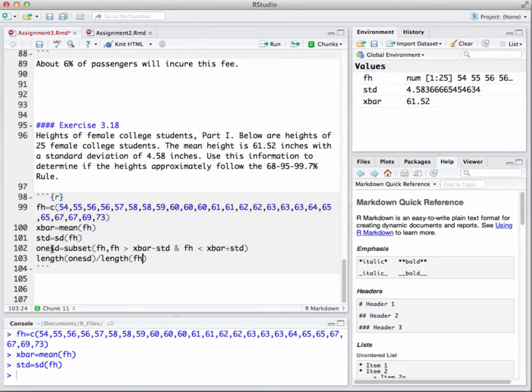And now we're going to create a new variable called one standard deviation. And one standard deviation is going to be a subset of our previous vector FH, where the FH's are going to be greater than X bar minus 1 standard deviation, and the FH's are less than X bar plus 1 standard deviation. Okay, so let's go back for just a second here, back to our drawing.